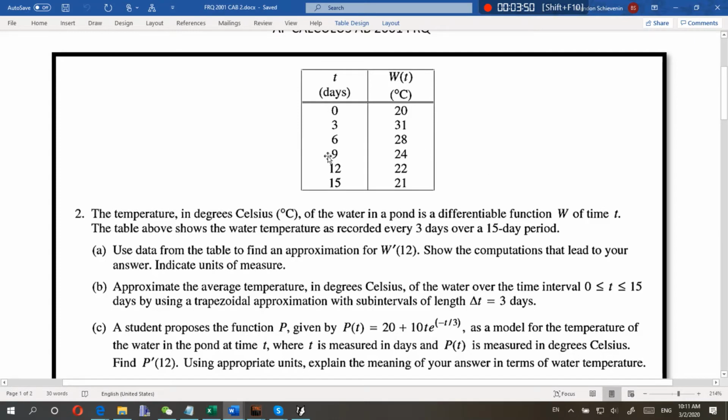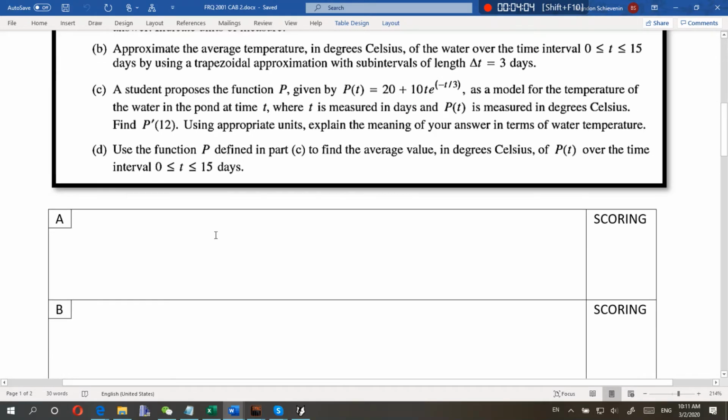Okay, so we can use 9, and we could use the point on the other side. So I'm going to take my slope between 9 and 15, and that should give us an estimate for what the slope would be at 12. Okay, so that would look like this.